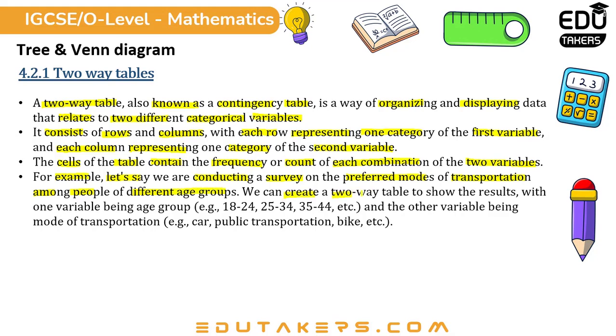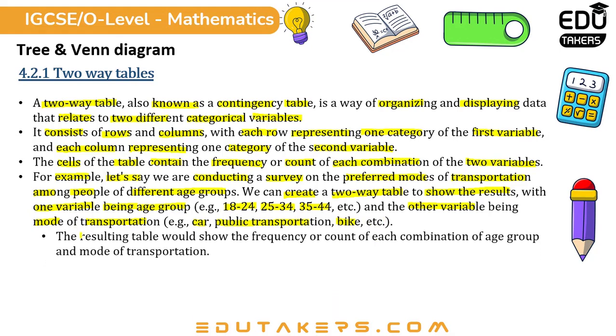We can create a two-way table to show the results, with one variable being age group, for example 18 to 24, 25 to 34, 35 to 44, etc., and the other variable being mode of transportation, for example car, public transportation, bike, etc. The resulting table would show the frequency or count of each combination of age group and mode of transportation.